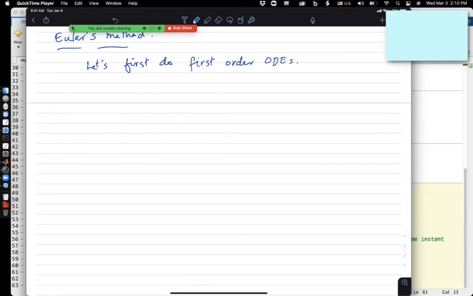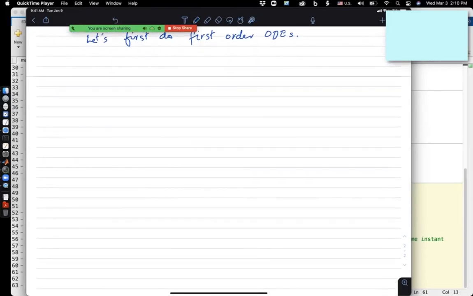But it turns out that the same method essentially applies whether it's a first order ODE or a second order ODE or a 200th order ODE, or if you have one differential equation or 200 differential equations, it's the same method. So starting with first order is a good place to start because the same thing works for anything.